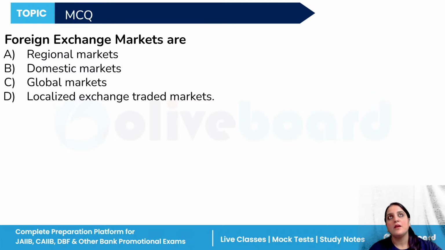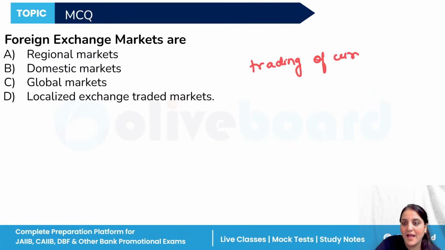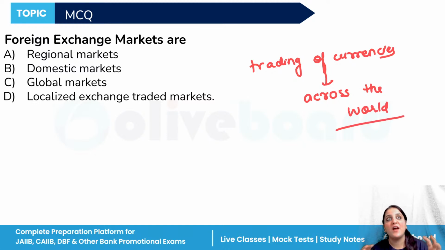Foreign exchange markets are primarily global market because they facilitate the trading of currencies across the world, connecting various financial centers and allowing participants to buy, sell, and exchange currencies regardless of their location.